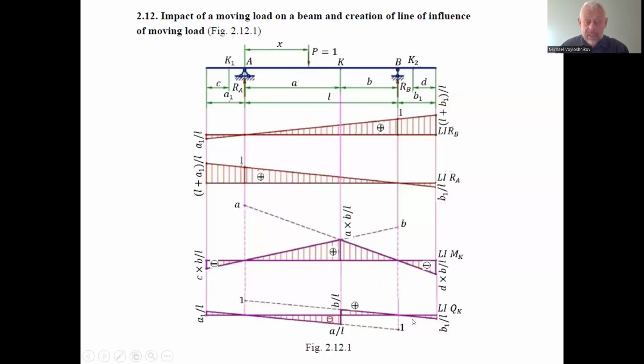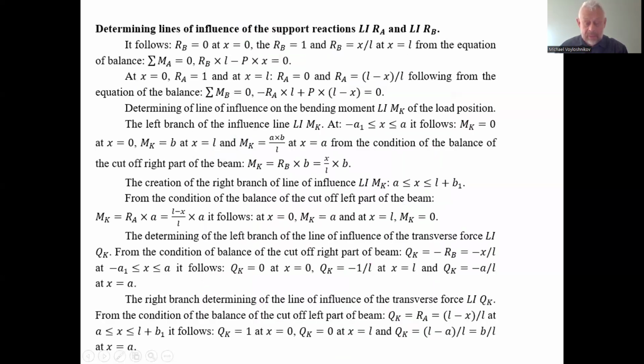We can see that the final magnitude B1 divided by L equals B1 divided by L from this line of influence. To determine the left branch of the line of influence of the transverse force, from the balance of the cutoff left part of the beam, the shearing force equals minus RB, which is minus X divided by L, in the interval of X from minus A1 to A.